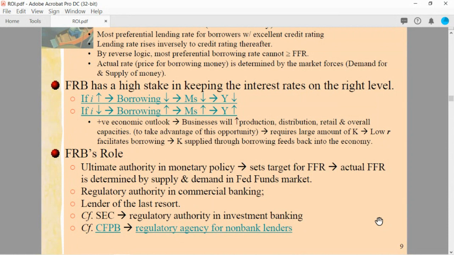They increase the liability side of the balance sheet of the commercial bank, and it will increase the ability or the limit of the commercial bank to make loans. By doing that, the commercial bank increases their loans, and it doesn't have to actually transfer money into the borrower's account.